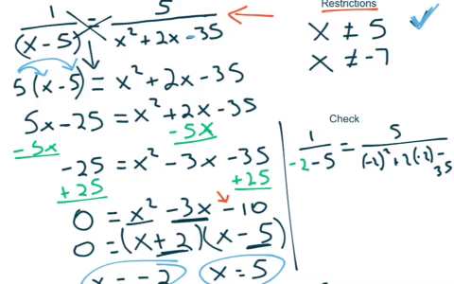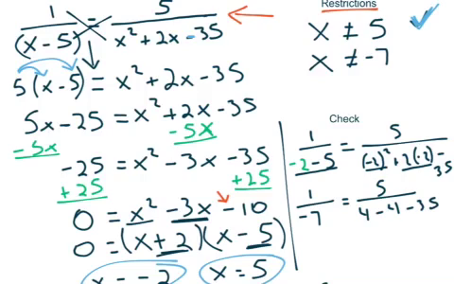I'm going to bring that 35 down to the bottom. So 1 over negative 2 minus 5 is negative 7 equals 5 over, this gives me a positive 4, this gives me minus 4, and I'm going to bring my minus 35 over.